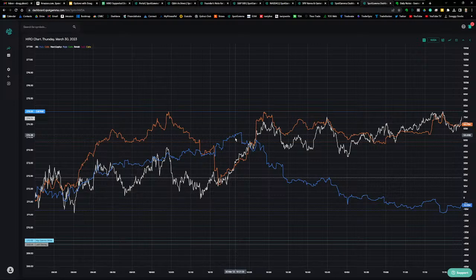And when traders buy calls and/or sell puts, market makers are taking the opposite side of those trades, and they have to buy stock to hedge their delta exposure. And I always like to look for call buyers. When I'm looking for a long setup in a stock, I'm looking for call buyers.